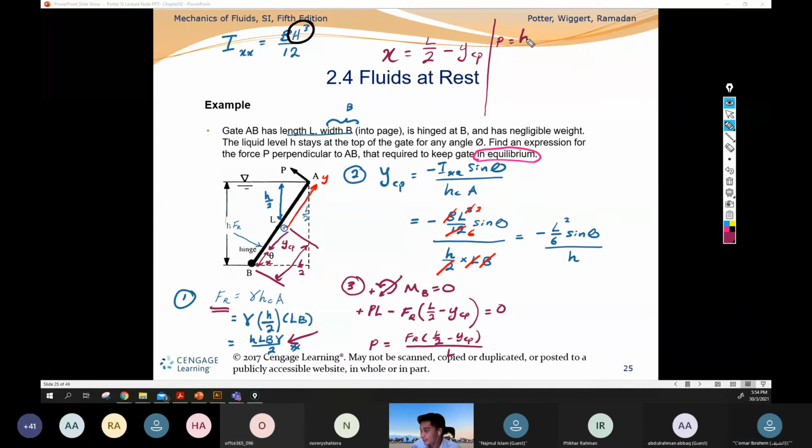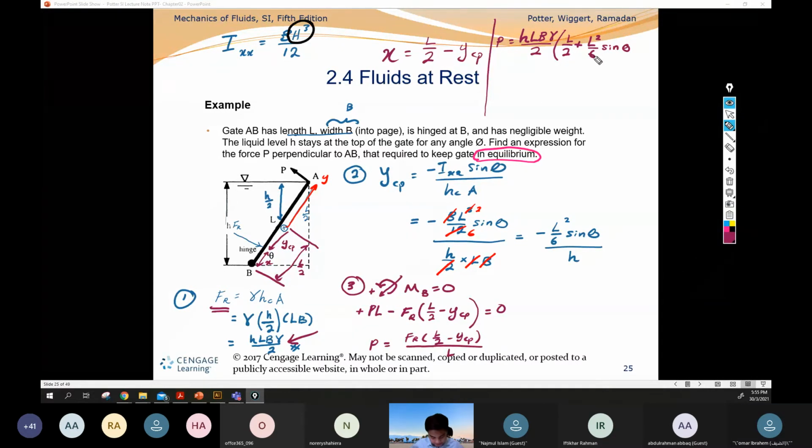Substitute H L B gamma over 2, bracket L over 2 minus YCP. YCP is negative, and negative with negative is positive. L squared over 6 sine theta.